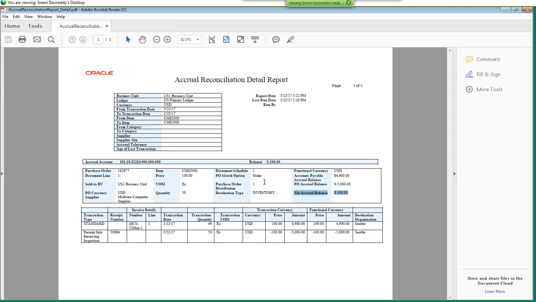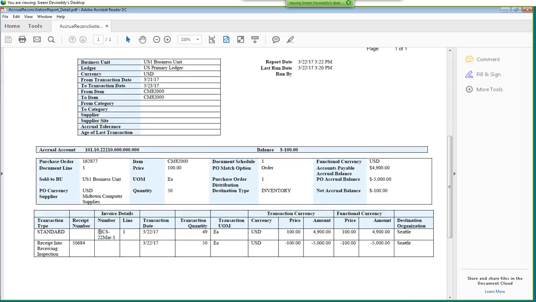Now you look at this report and ask, why is it not matching? On the receiving end you have 5,000, which is fine, and on the payable side, why is it 4,900? You keep looking and find that you need to look at this particular invoice number. So I go to this invoice to see what the problem was, and you find it: got the invoice only for 49. Then it's up to you to make the decision.